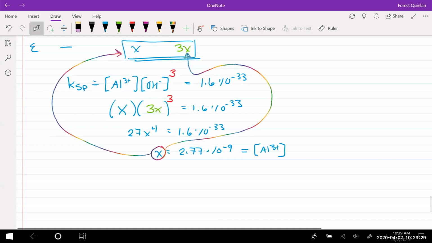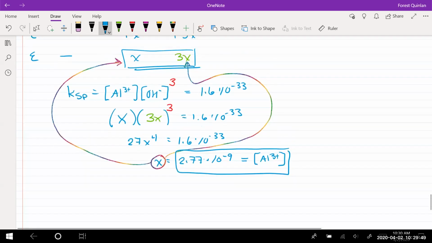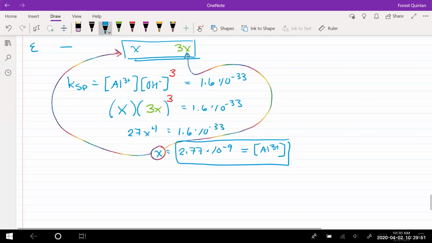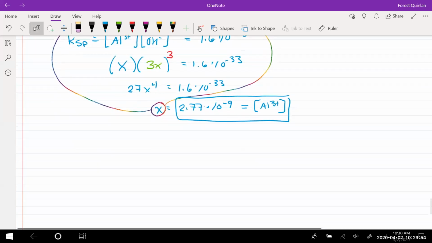Oh, that's right. Okay. So this is a very clever distinction to make: when you do that, clearly the aluminum is the X. That's not a problem. But when we have the equilibrium there of 3X, that means the concentration of OH minus is actually 3 times the 2.77 times 10 to the negative 9.